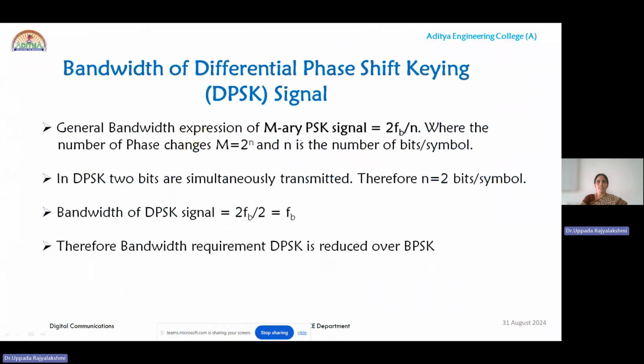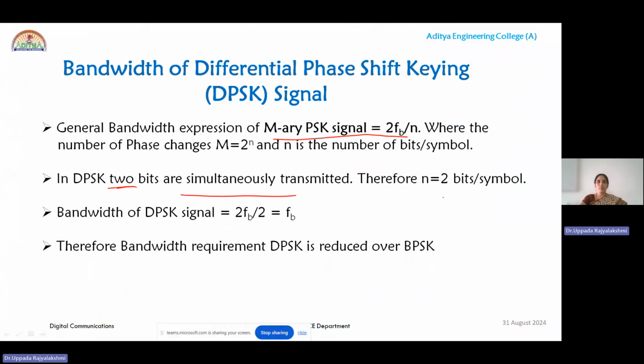Coming to the bandwidth of differential PSK, in general the M-ary PSK bandwidth is expressed as 2fb by N. In differential PSK, we know that simultaneously you are comparing the current data bit bk and the past data bit, the past differential data dk minus 1. So simultaneously you are transmitting 2 bits.